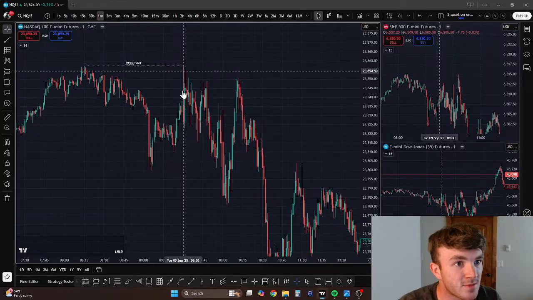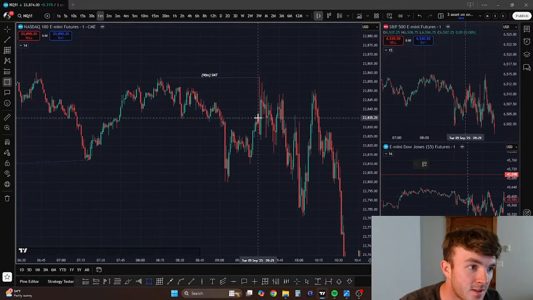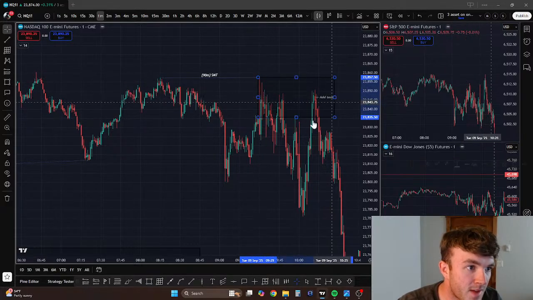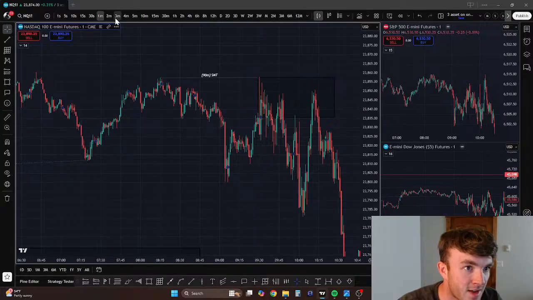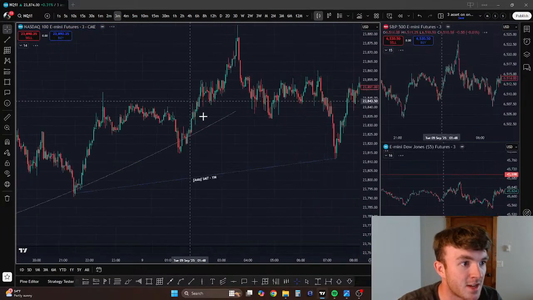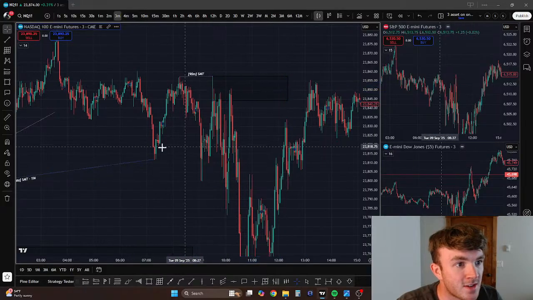We have a rejection block, a nice rejection block right here. Now, I'd honestly mark the rejection block out on the 2 or 3 minute because the 1 minute one is kind of weird. Yeah, the 3 minute one looks like it makes a little bit more sense, right?